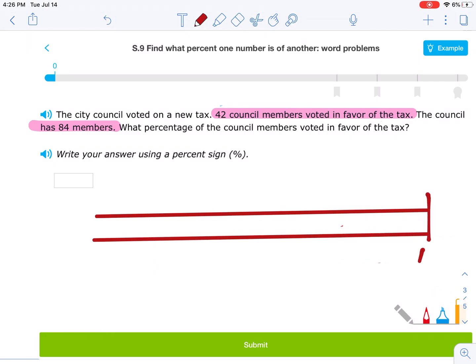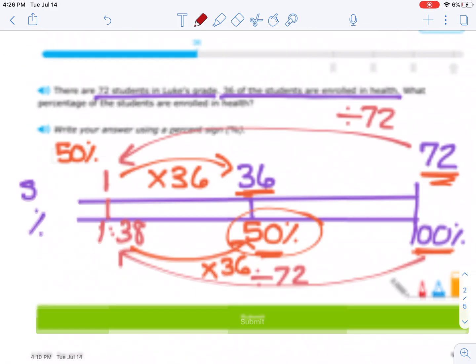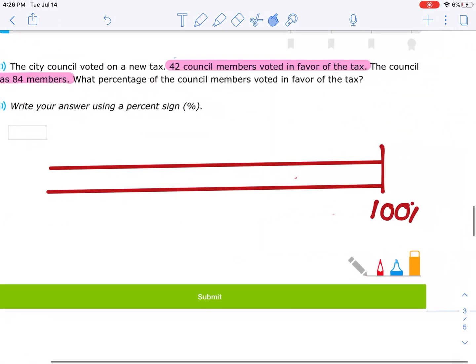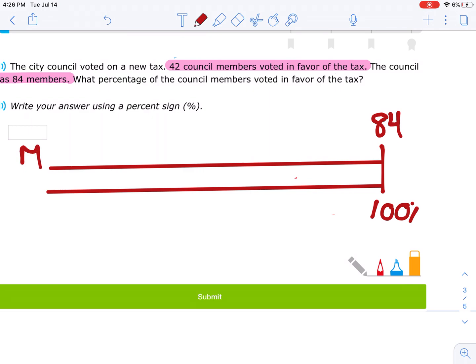I have 100%. I know that there's 84 total members. So I'm going to write M for members, and I'm going to write the percent symbol for percentages. 42 said yes. I need to find the percent that goes with that.